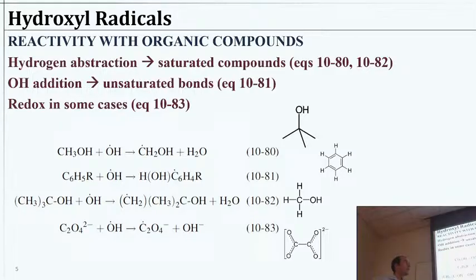Usually when we are targeting the degradation of some organic compound, we might select or consider which type of reaction is going to occur according to which type of radical we're dealing with. I'm not going to go in too much depth, but these include hydrogen abstraction, OH addition, and redox reactions in some cases. Obviously, we're typically doing highly oxidizing systems. There is some research going on lately about advanced reduction processes. Of course, you'd have to remove all the oxygen from the water so that it's no longer an oxidizing environment.